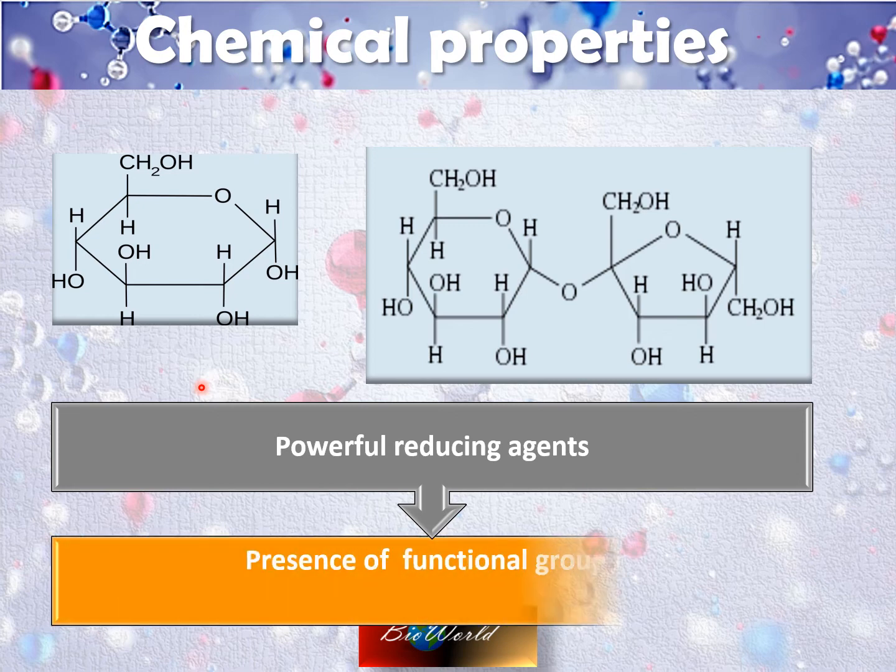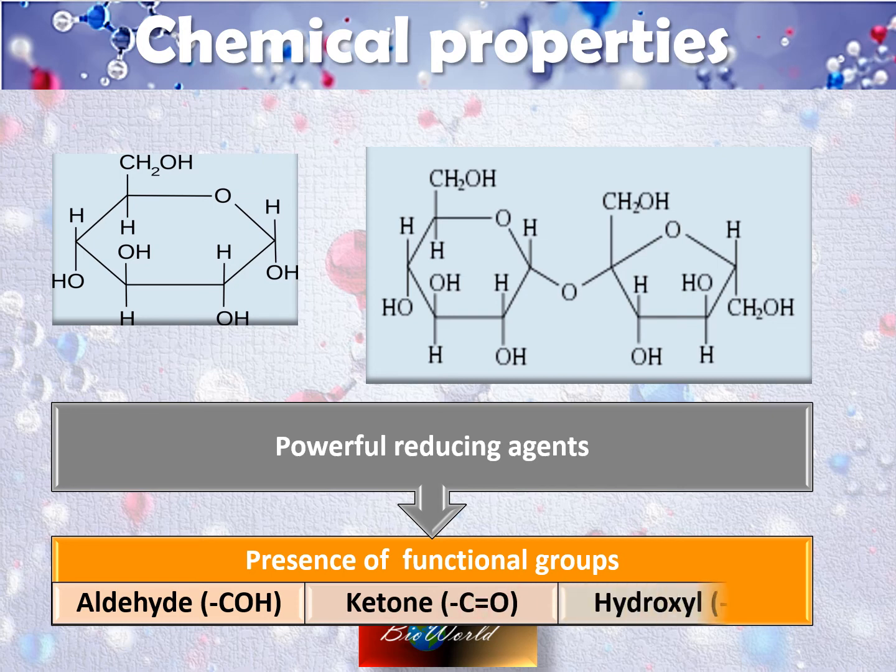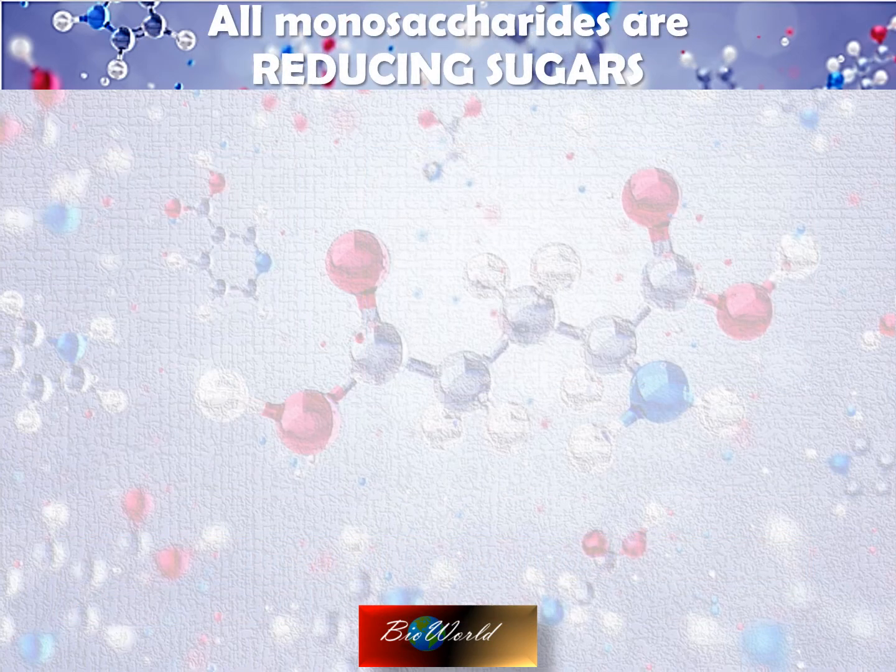The main reason is the presence of functional groups such as aldehyde, where the carbonyl, that is C=O, is found on carbon 1, and the functional group ketone, where the carbonyl group, the carbon-oxygen combination, is on carbon 2, as well as the presence of many hydroxyl groups. It is because of this reactivity that we find all monosaccharides are reducing sugars.